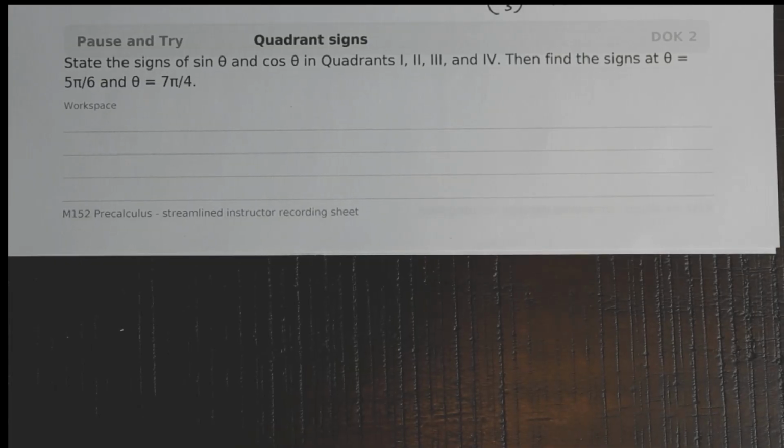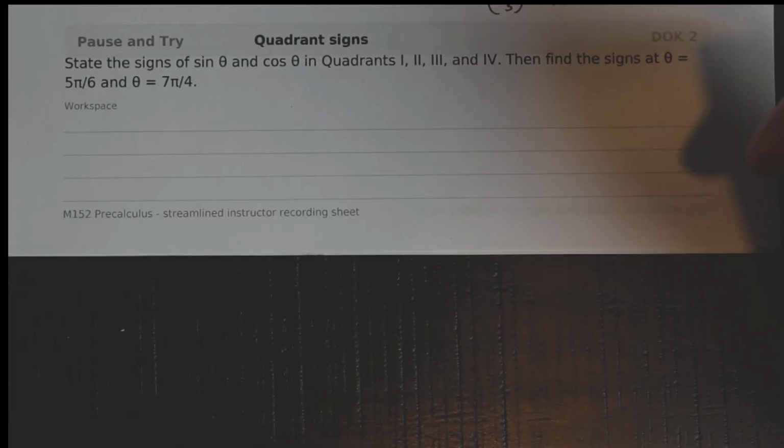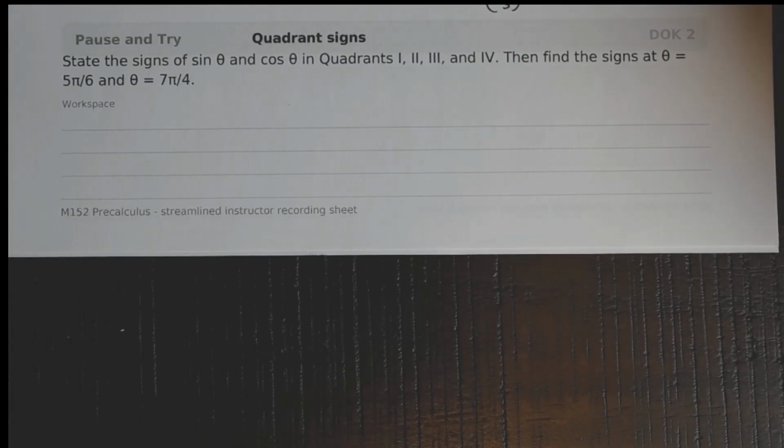State the signs of sine theta and cosine theta in quadrants 1, 2, 3, and 4. Then find the signs at theta equals 5 pi divided by 6, and theta equals 7 pi over 4. Okay, this is a pause and try problem, so pause and complete the problem.